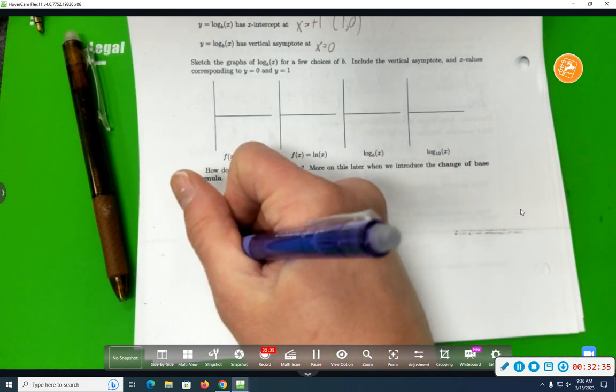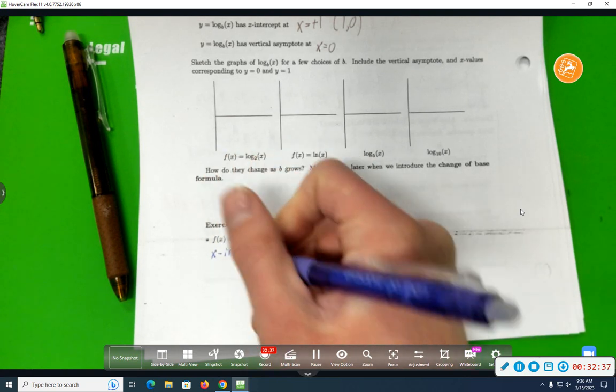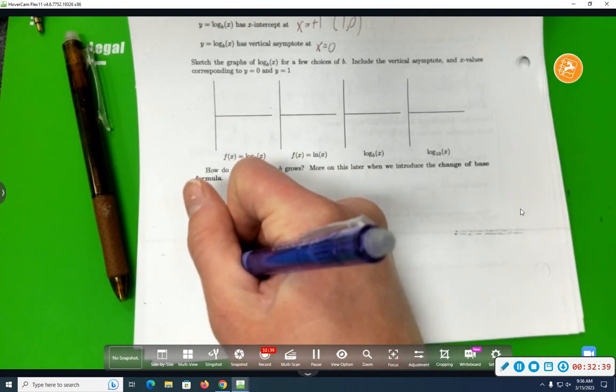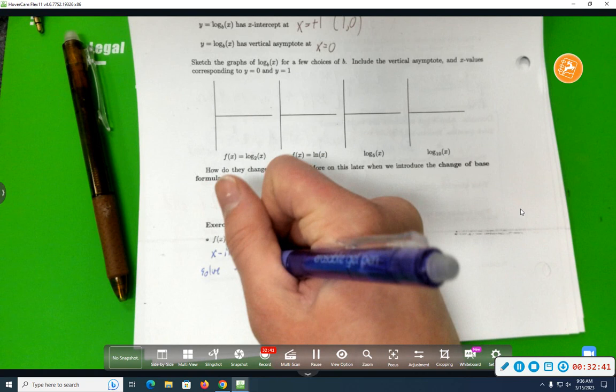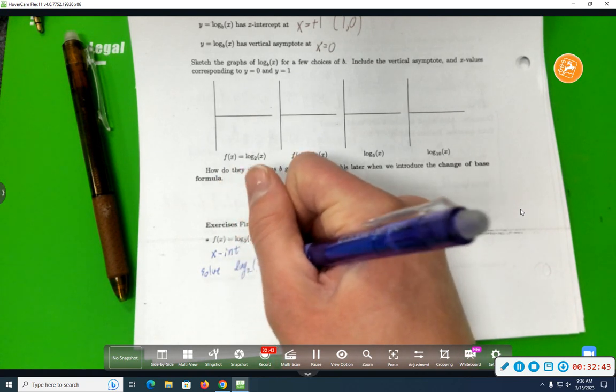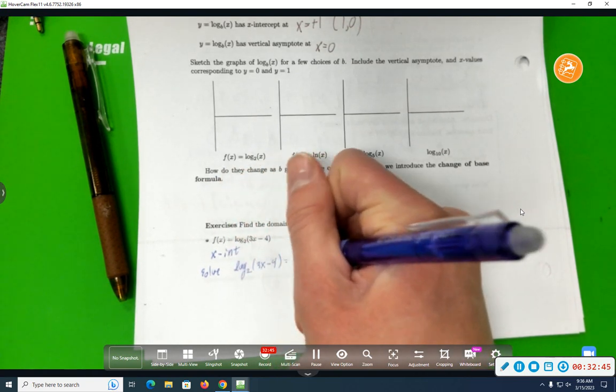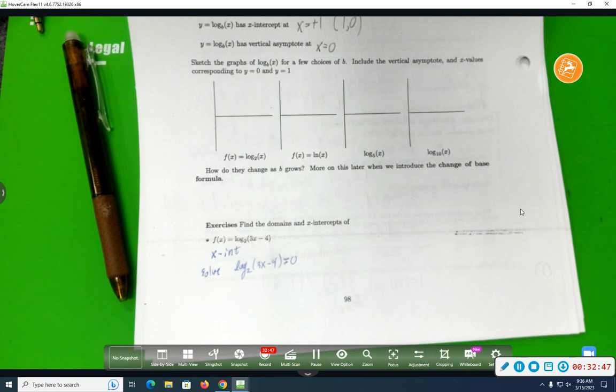So to find the x-intercept, we need to solve log base 2 of (3x minus 4) equals 0. Oh, cool. That's now an equation in logarithmic form. All of the variables are in the parentheses. Does it look like our life will become better if we put it in exponential form?